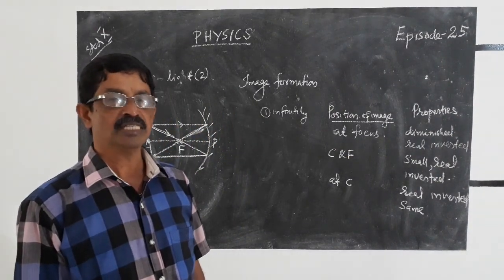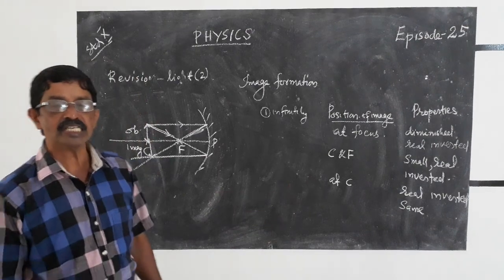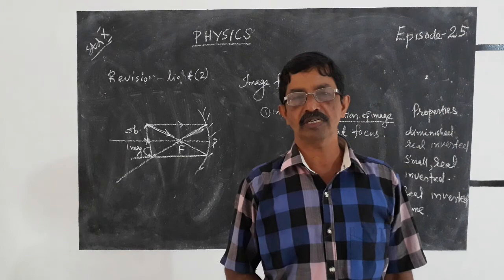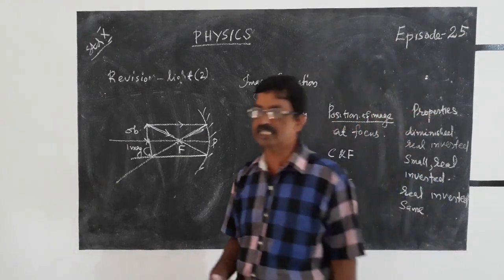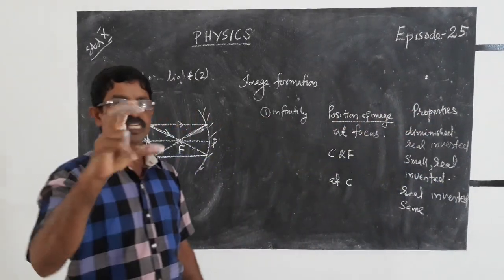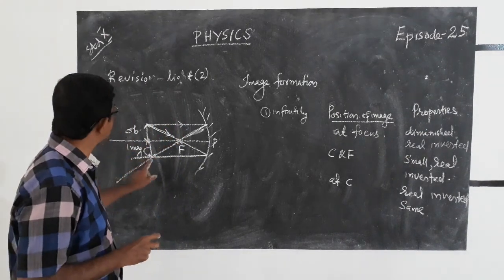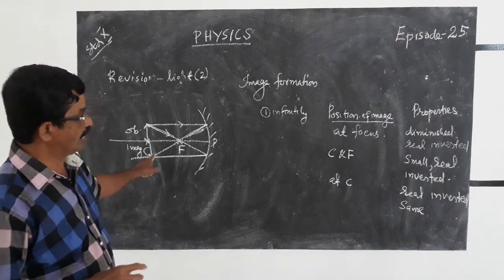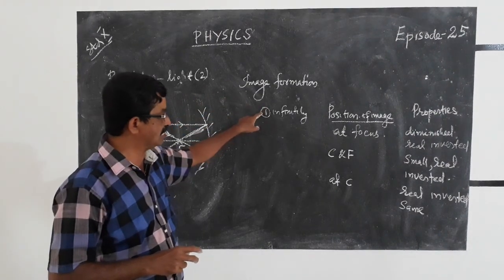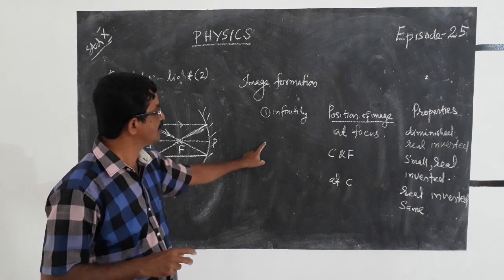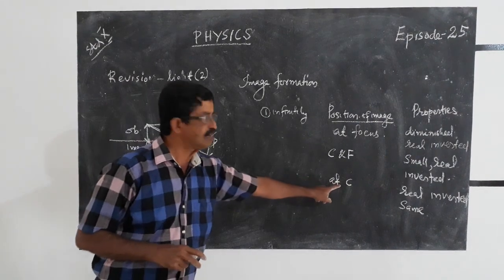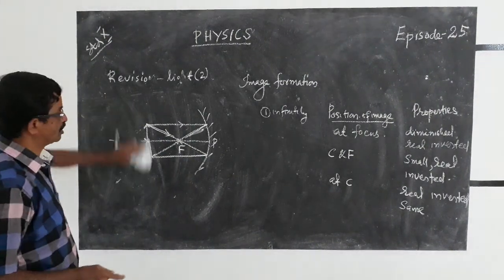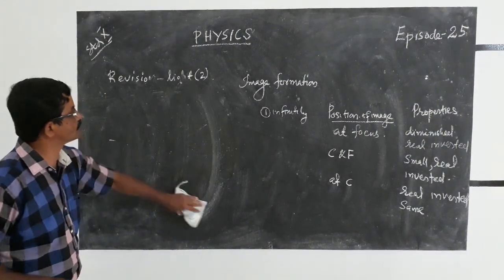That means however much the size of the object is, that much size we get for the image. Suppose the object has a height of 2 centimeter, then the height of the image is also 2 centimeter. At first we placed the object at infinity, then just behind C. Now at C, the image is also at C. Now we can place the object at some other point.